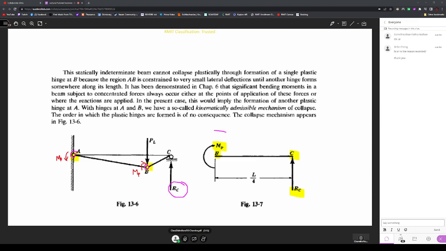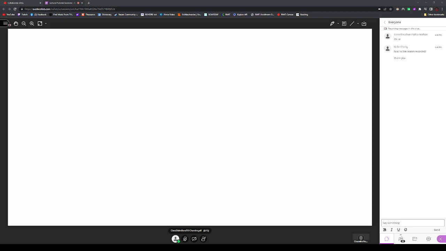In terms of this load PL, let us first calculate. We take the free body diagram. When the load is plastic load, we calculate what is the reactionary force at C. The moment developed at point B will be the plastic moment, MP.